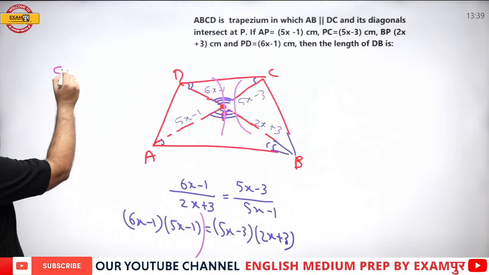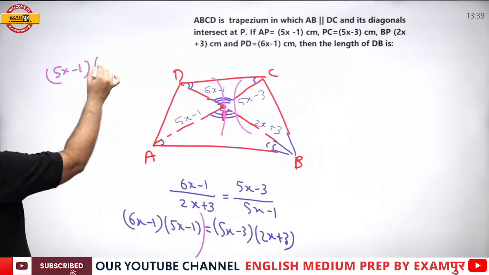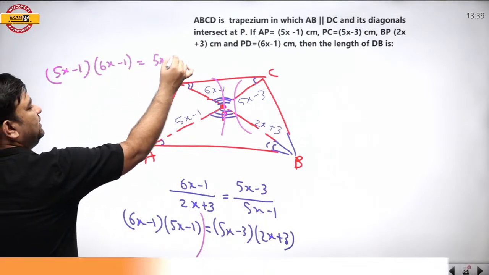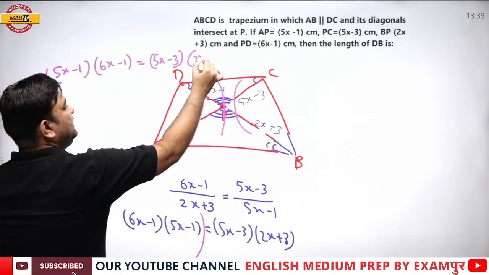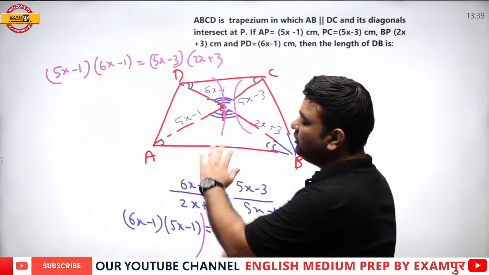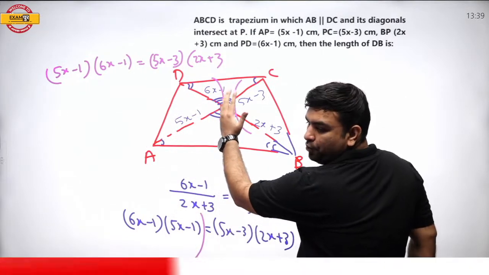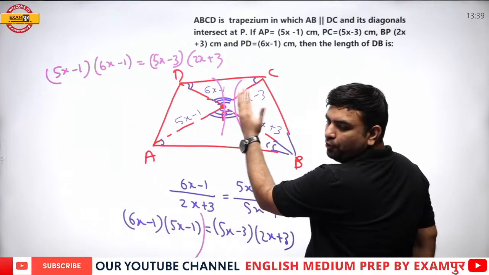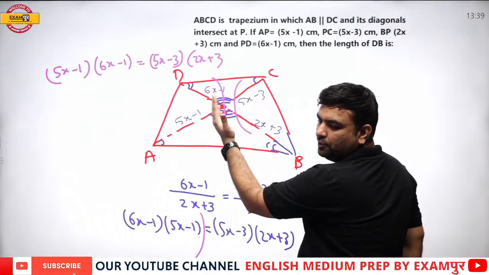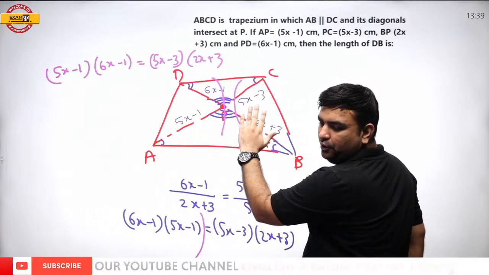So you can write (5 minus x) into (6x minus 1) is equal to (5x minus 3) into (2x plus 3). Is it helpful? The product of these two sides is equal to the product of these two sides. Can you remember it?